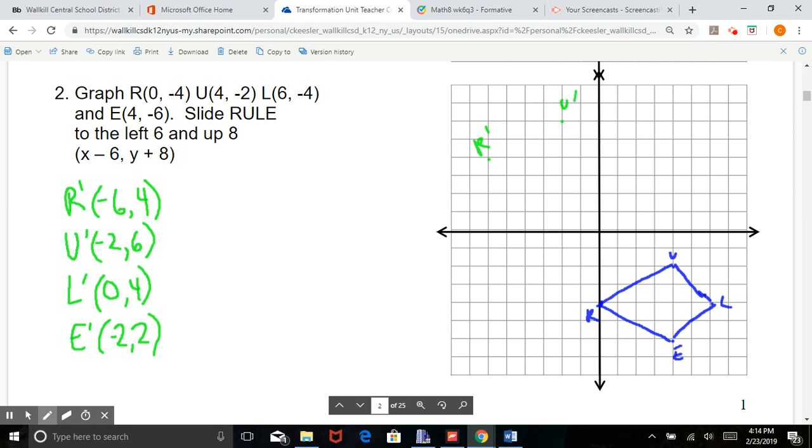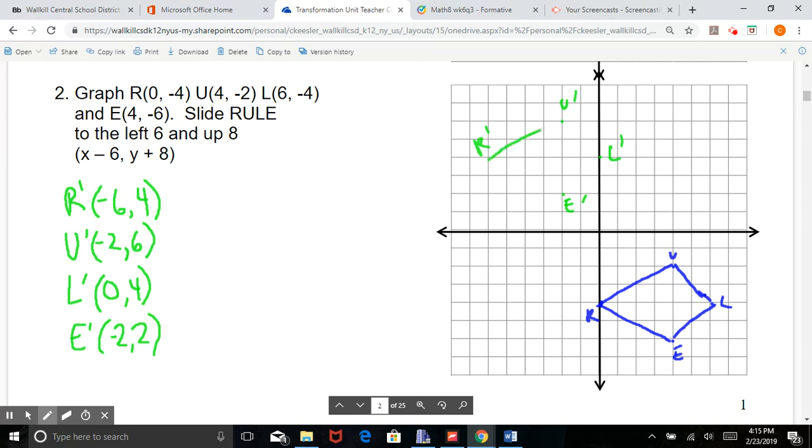U prime. L, again, counting left 6 and up 8. 2, 4, 6. Then up 8, 2, 4, 6, 8. And last, we have to move our E to the left 6, 2, 4, 6, and up 8, 2, 4, 6, 8. Labeling it E prime.